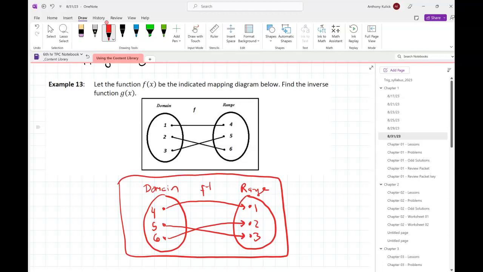Does that all look okay to everybody? If I look at f inverse here, is this a function? Yes, right? Every domain gets used, and each domain only goes to one range.